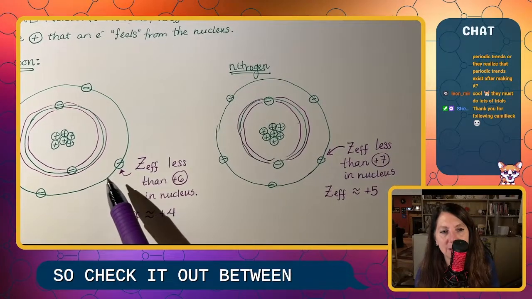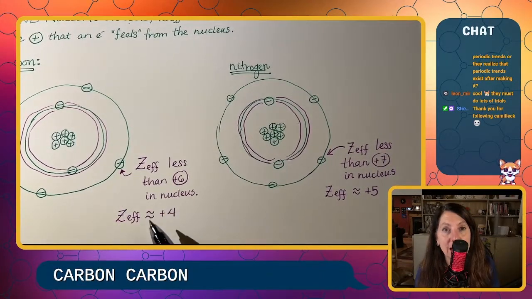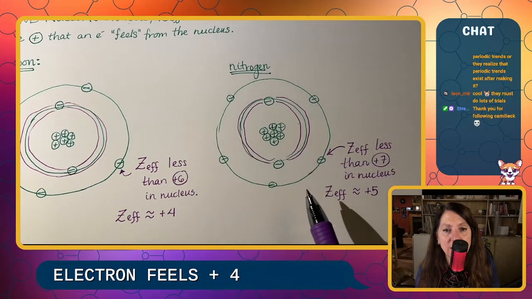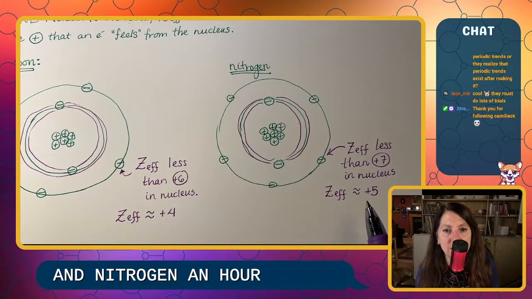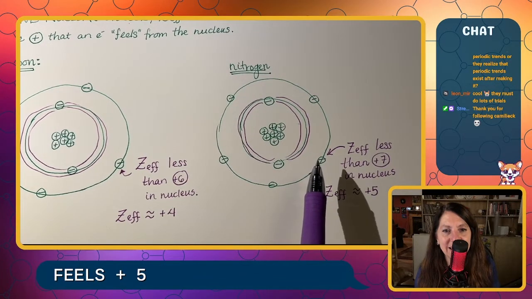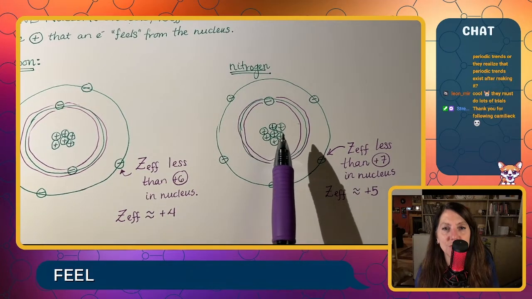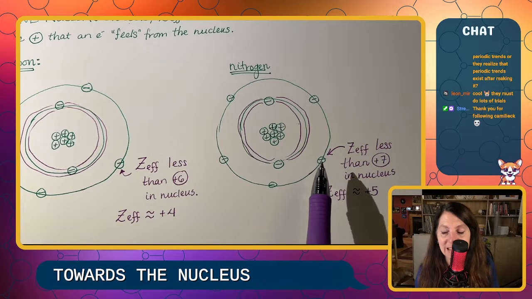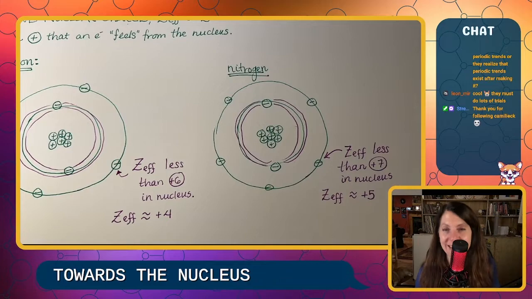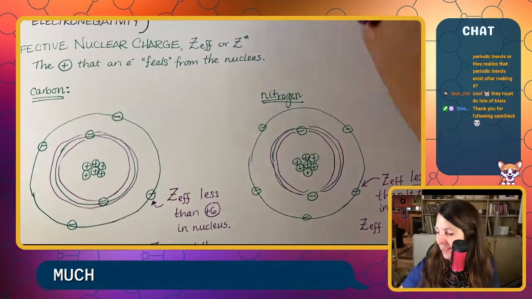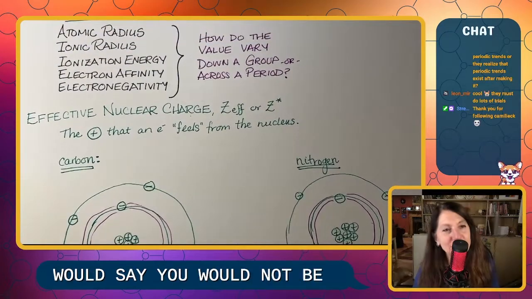Between carbon and nitrogen, an outer electron in carbon feels +4, and in nitrogen, an outer electron feels +5. These electrons feel a stronger pull towards the nucleus. That right there explains so much. You might not believe it, but I know you will.